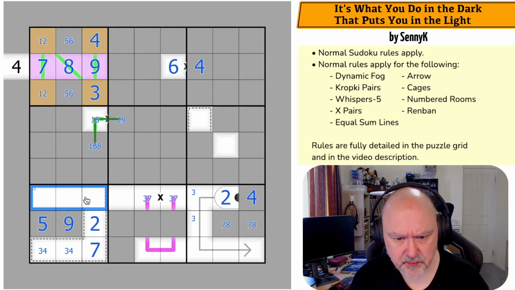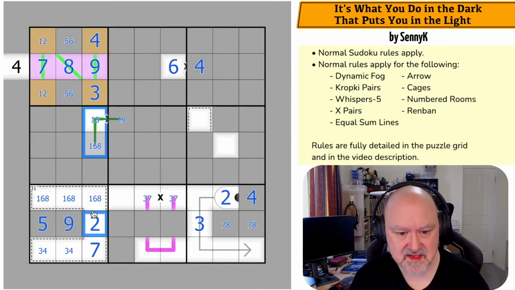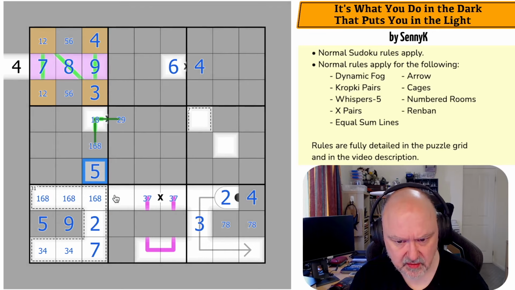But this is a triple now. Oh, that's not the 3. That's the 3. This is a triple: 1, 6, 8. So that's a 1, 6, 8 triple. Holy cow. So 1, 2, 3, 4. This is a 5, which means this doesn't go down any further. This is a pair. 1, 2, 3, 4, 5, 6, 7, 5, 9.